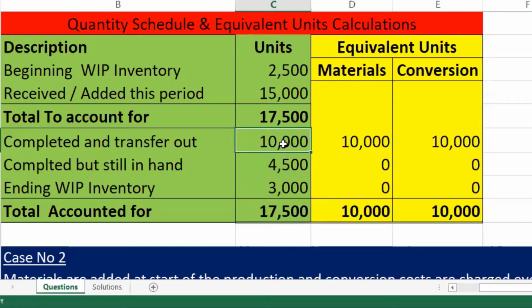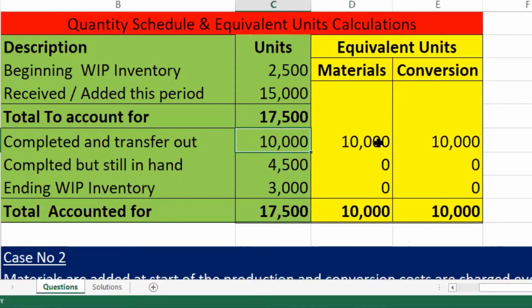Completed units means it is complete and it has consumed all materials, so with respect to materials they are 100% complete. When we calculate equivalent units, the formula is units multiplied by degree of completion. Here the degree of completion of completed units is 100%.